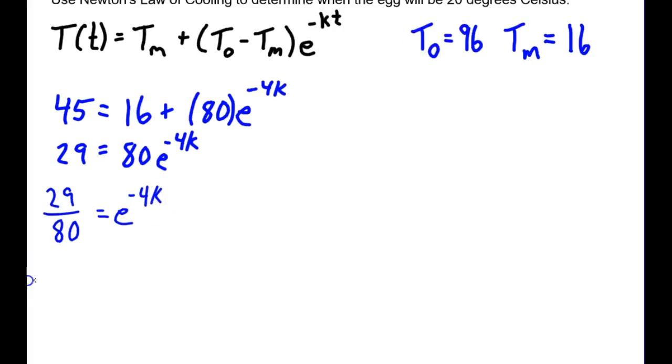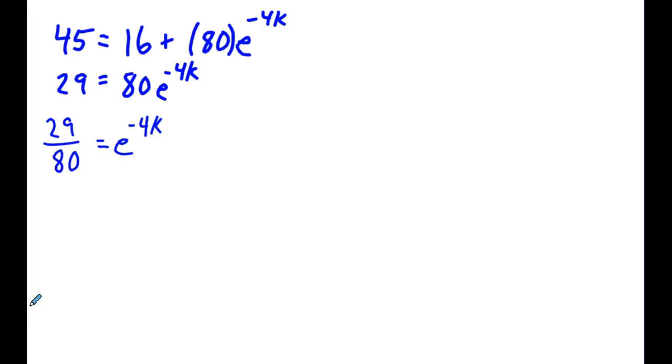Now we're trying to solve for k, that constant. We need to get that out of the exponent. So since we have this exponential e, we know the inverse is the natural log. We can take the natural log of both sides of this equation. So the natural log of 29 divided by 80 equal to the natural log of e to the negative 4k.